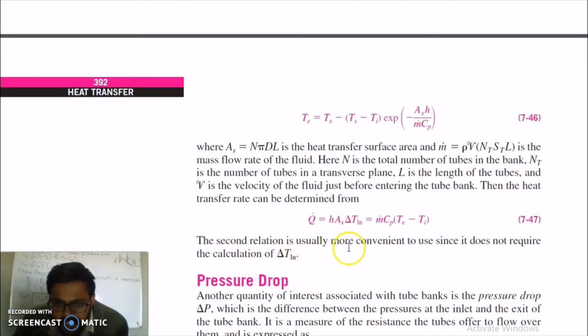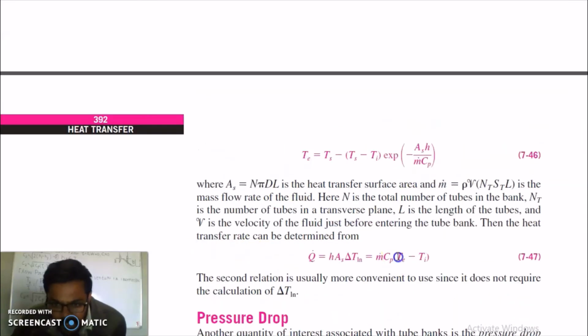The second relation is usually more convenient to use since it does not require the calculation of delta T ln, and in this relation the exit temperature can be calculated from this relation, that is Ts minus (Ts minus Ti) times exponential of (As h) by (m Cp), where As is equal to N pi D L.